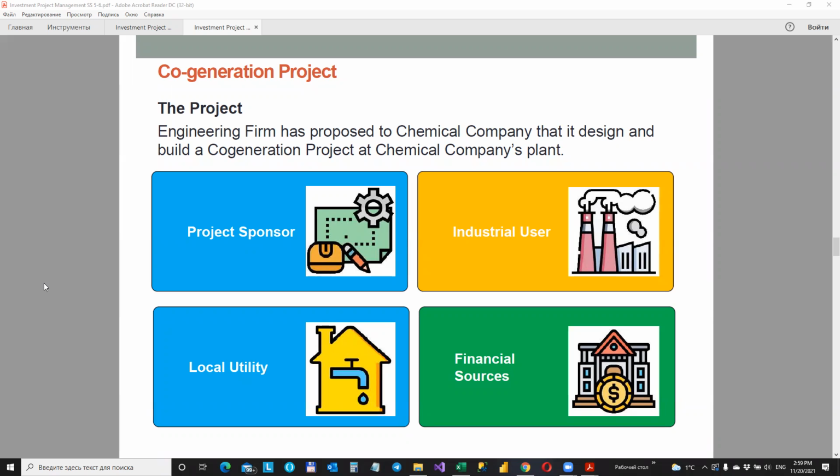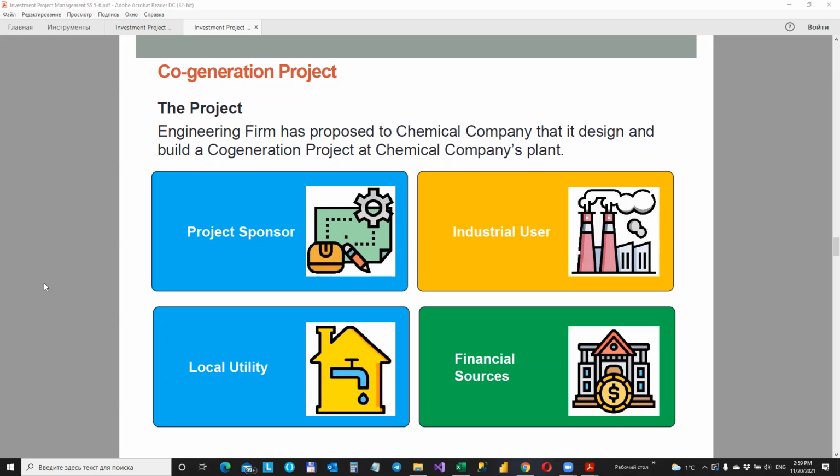They can sell the rest to the local electric utility company. The leftover heat from the steam has a number of possible commercial uses, such as process steam for a chemical plant, for enhancing oil recovery, or for heating buildings.